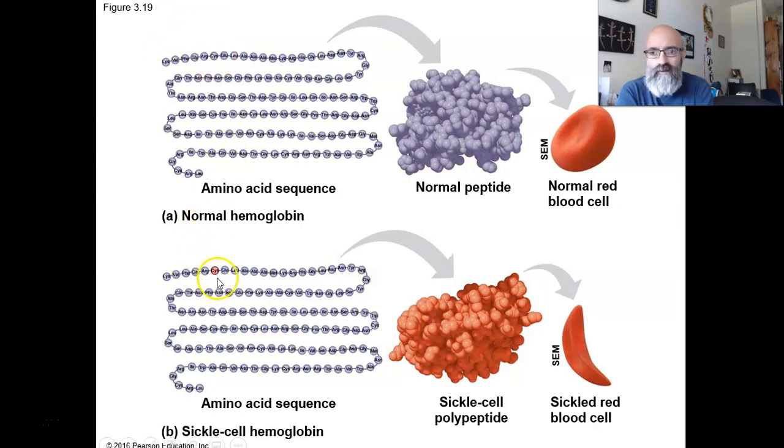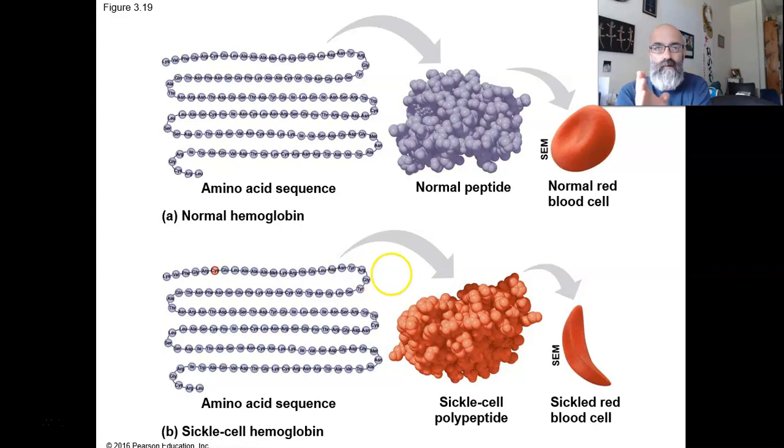In other words, this amino acid is changed to a different type of amino acid, which then causes this long chain to fold and be shaped like this rather than like this. And then when a bunch of these polypeptides come together to make the actual cell, the cell is shaped like this. Okay, so the sequence of amino acids determines the shape of the protein.